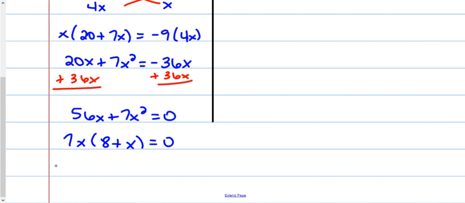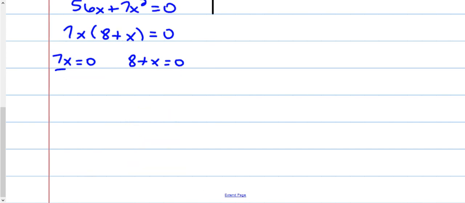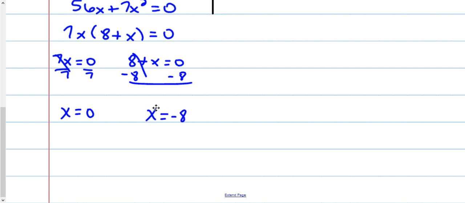So now just separate. 7x equals 0 and 8 plus x equals 0. So right here, divide by 7. X is equal to 0. And here, subtract 8 from both sides. And x is equal to negative 8.